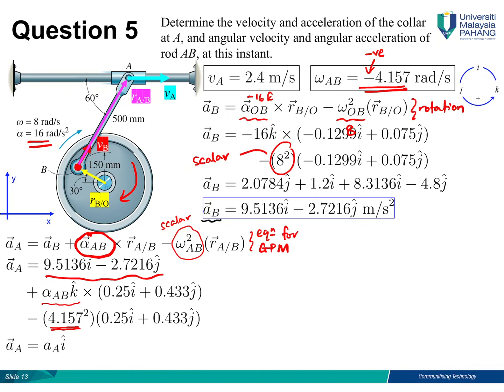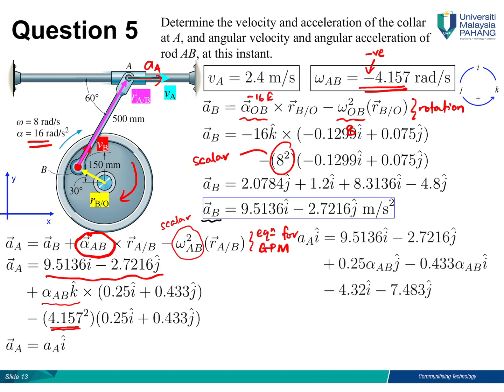All right, so we know again that AA, the acceleration of point A, can only move in the x-axis. So we definitely know that AA is AAI, positive, because it is moving to the right. All right, so then we substitute AAI equals all of this. You do all the multiplication, vector cross product, and so on.